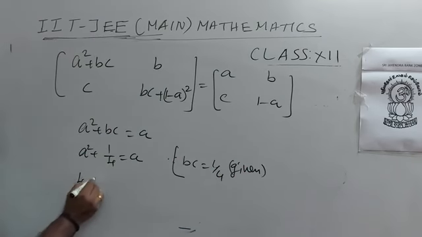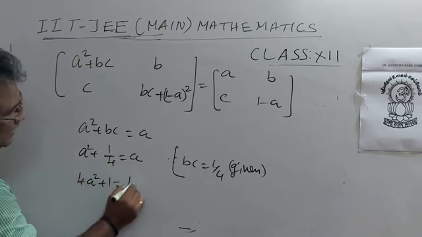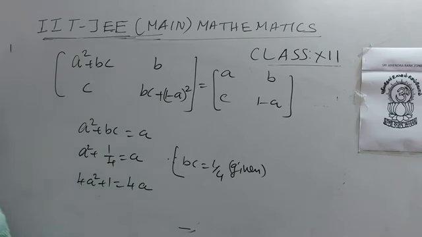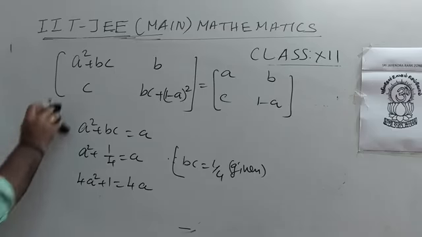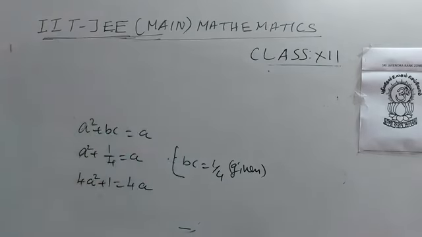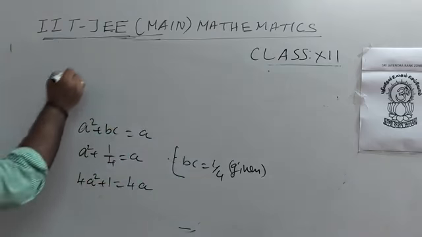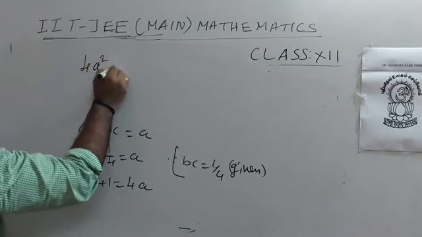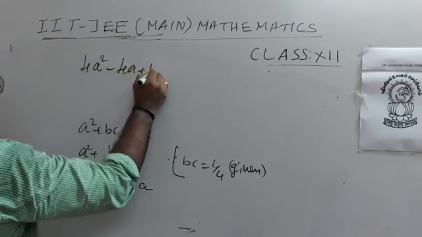So 4a squared plus 1 equals 4a. 4a squared minus 4a plus 1 equals 0.